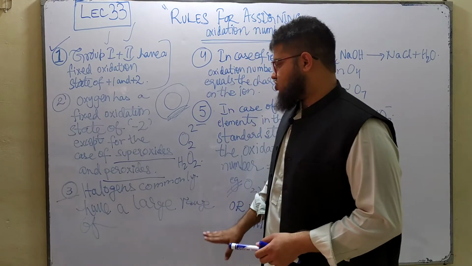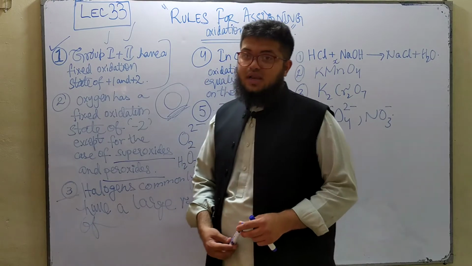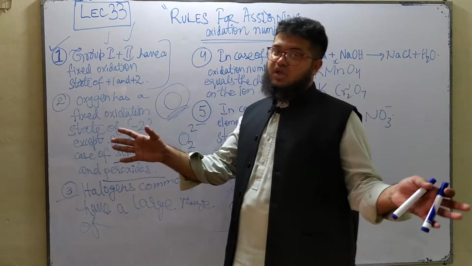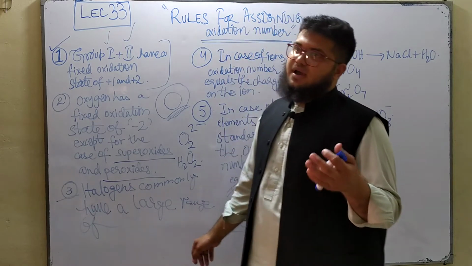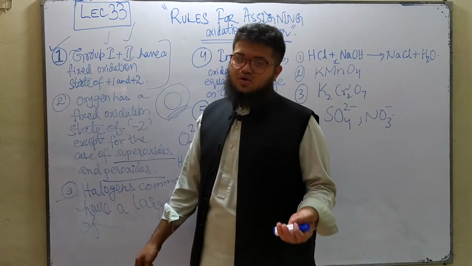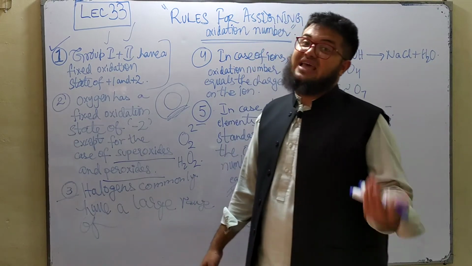Then coming to halogens. Halogens commonly have an oxidation state of -1, but they have a large range of numbers. From -1 they can go to +1, or they can also go to +2 or +3 or +4 or +5, +6 and +7.